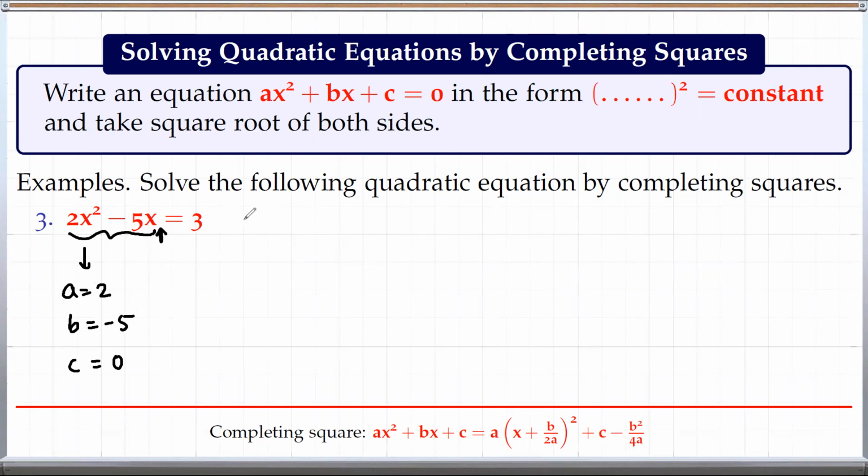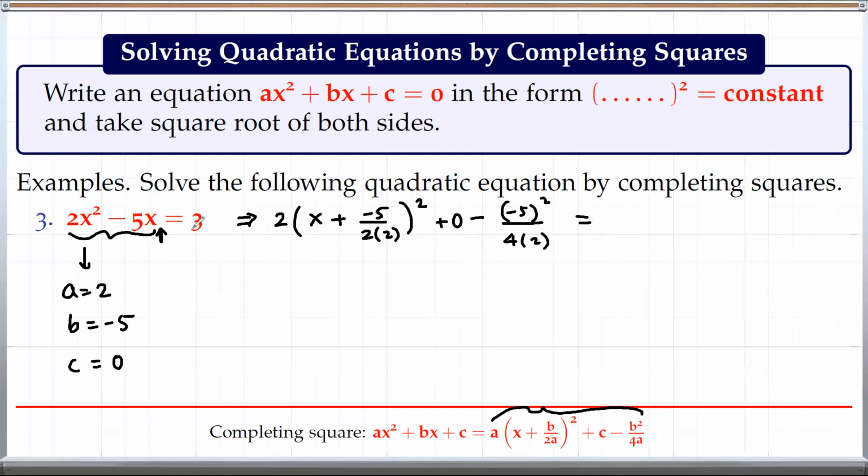So using these numbers, we can complete the square by applying this formula. So we have a in the front, which is 2. And then we have x plus b/2a squared. So b is negative 5, over 2a, 2 times 2, squared, plus c is 0, minus b squared by 4a, negative 5 squared by 4 times 2, equals 3 on the right side.